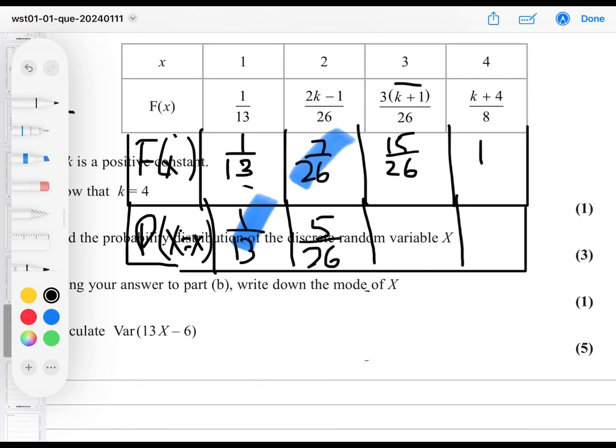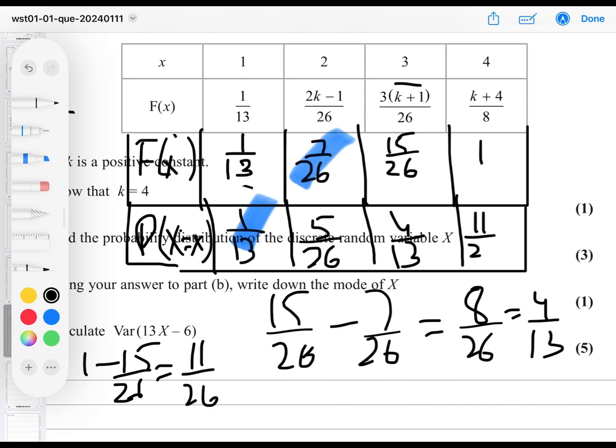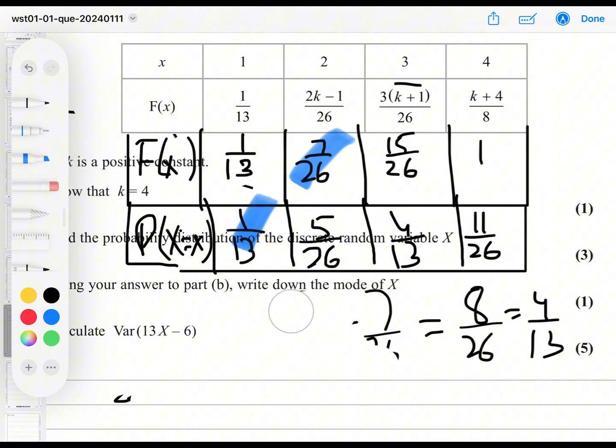Now subtracting 7/26 from 15/26, we will get 8/26, which will result in 4/13. So the probability is 4/13 for this. Now for the last one, subtracting 15/26 from 1, we will get 11/26. Okay, fine.